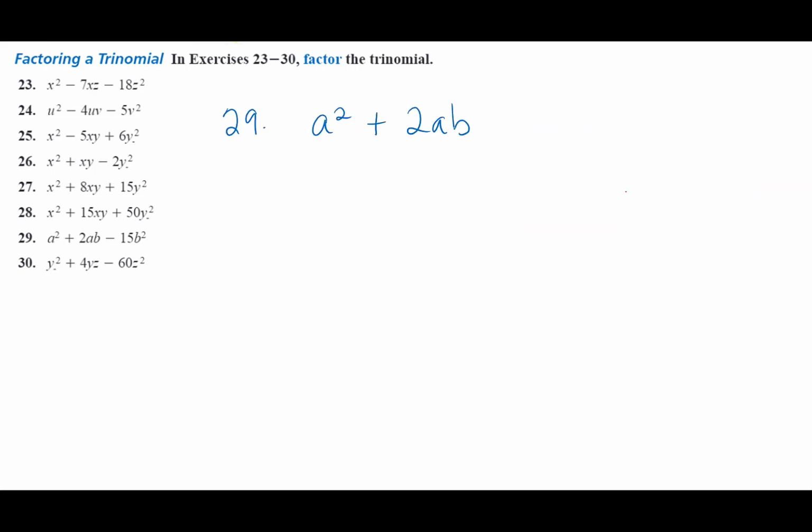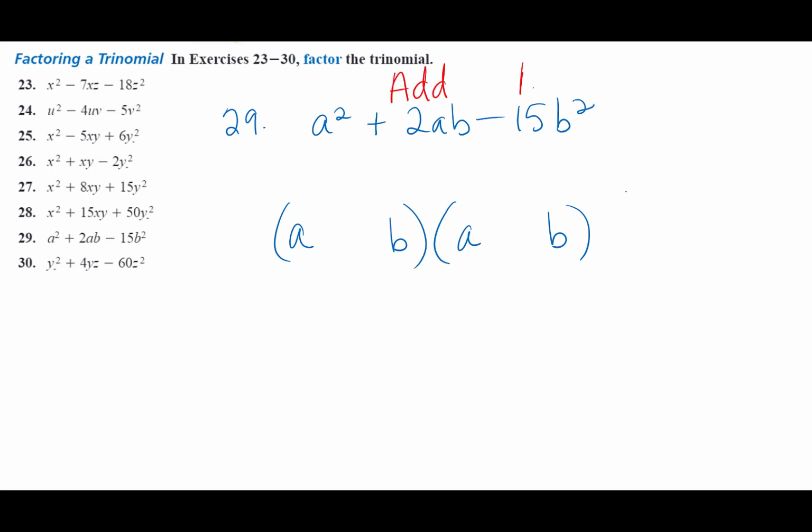29 is a squared plus 2ab minus 15b squared. Same process. Draw two parentheses. In the first position of each parenthesis, put your a term. In the second position, put your b term. Now we'll come up with the two factors that add to +2 and multiply to -15. Always start with the factors that multiply to negative 15.